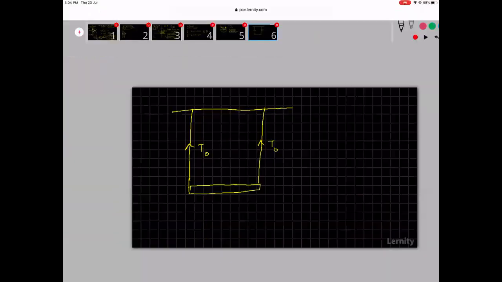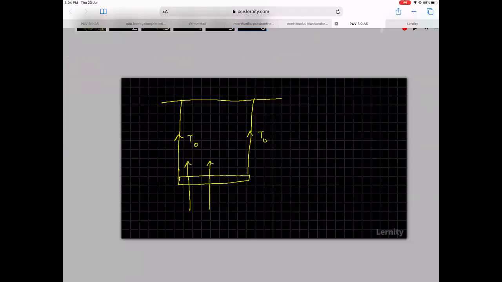Now you have a vertical magnetic field B, and you have a ring here. So that ring is rotated. The ring is rotated.